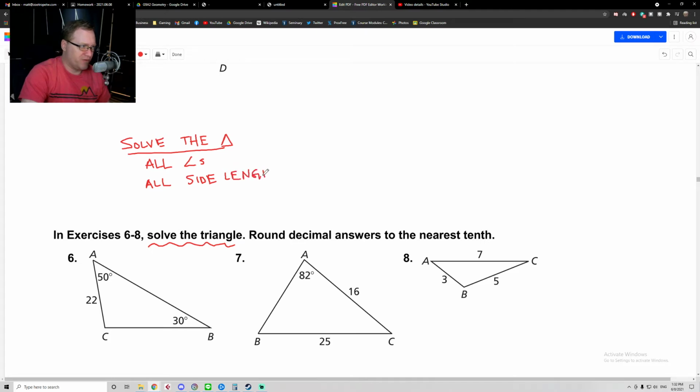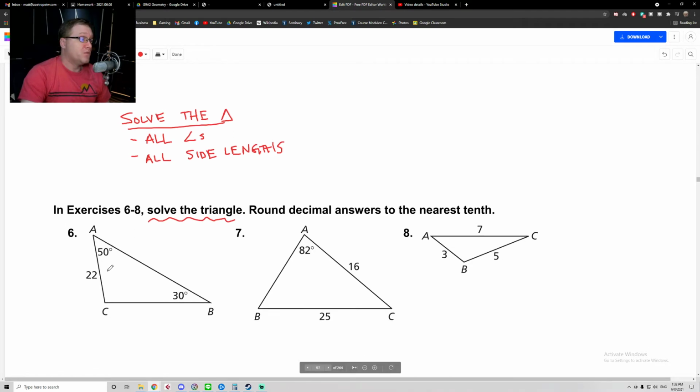It takes me forever to write. Okay, good. So this is what solving a triangle means: that we are going to find all of the angles and all of the side lengths.